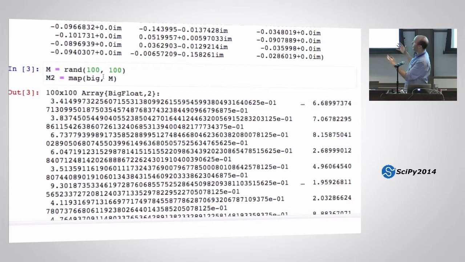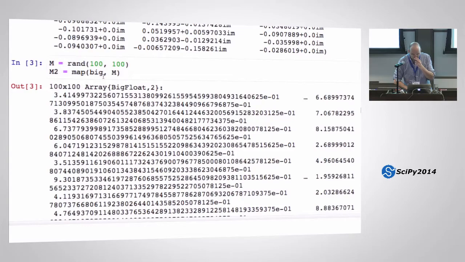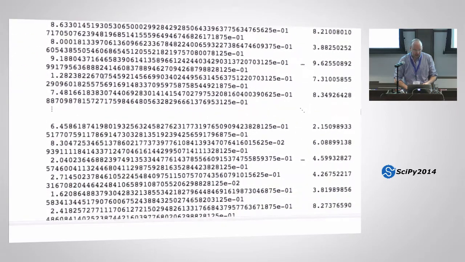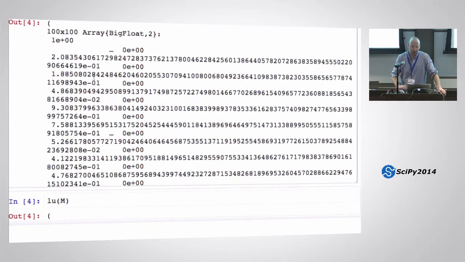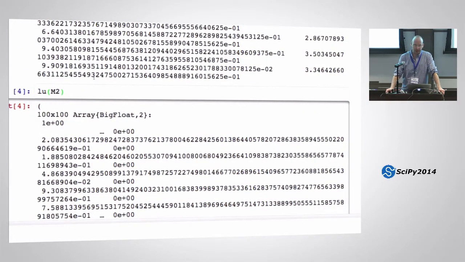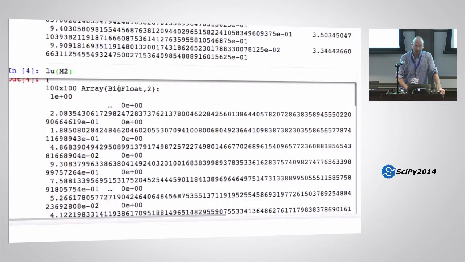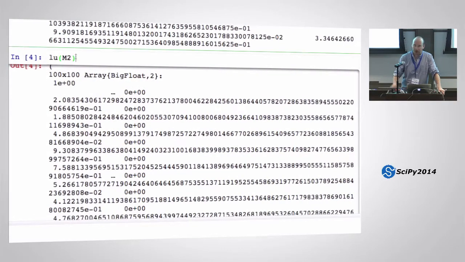Now we've got big floats, which by default have 256 binary digits of precision, and we're going to do the LU decomposition on that big float matrix. This is written in pure Julia. They took the textbook algorithms, wrote them in Julia, and they apply to any type. It's absolutely fantastic.